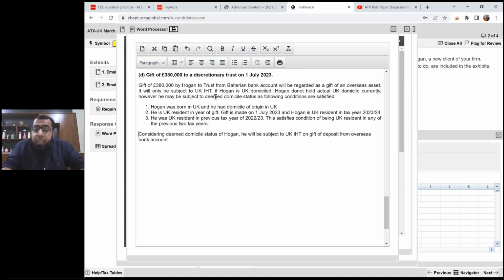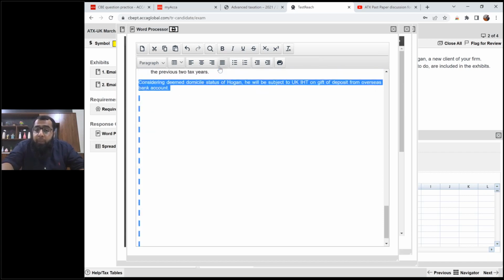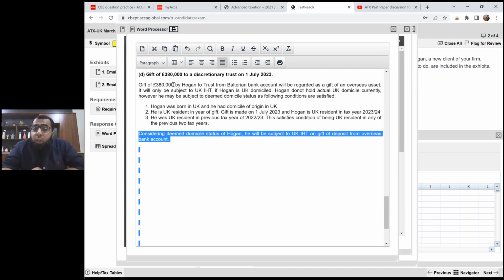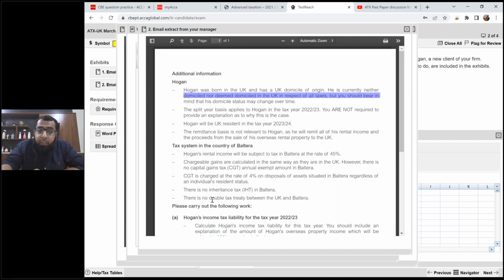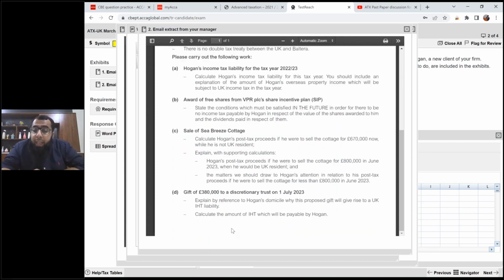I will repeat it again. I want you all to concentrate on it. Okay, let's look at it. If you look at it carefully, first of all, he asked us to explain by reference to Hogan's domicile status why the proposed gift will give rise to UK IHT. So with reference to domicile status, first explain why it will give rise to UK IHT.